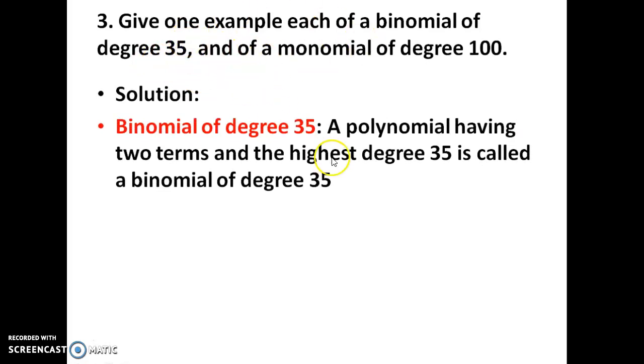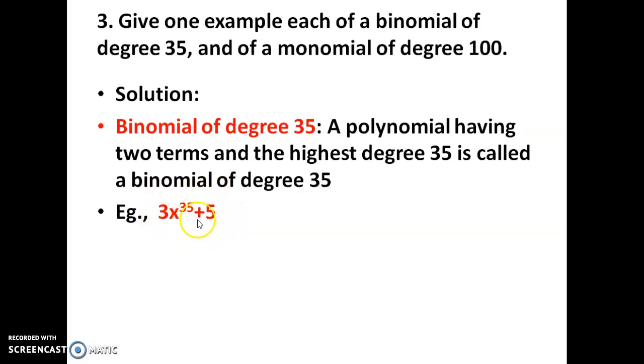Binomial of degree 35: a polynomial having two terms and highest degree 35 is called a binomial of degree 35. Any imaginary expression you can write. Write any variable to the power 35 and it should be of two terms. 3x to the power of 35 is one term, and 5 is one more term.